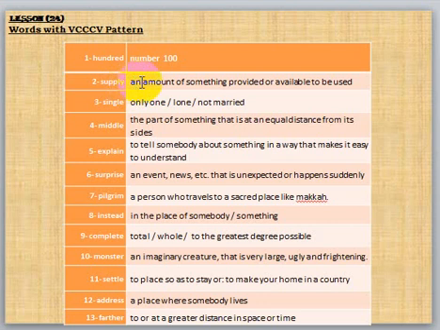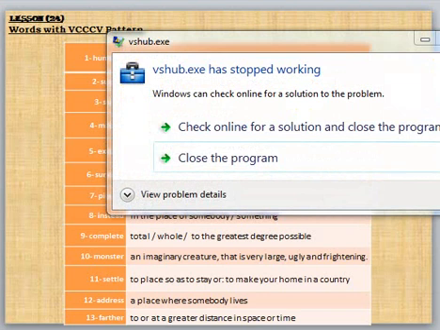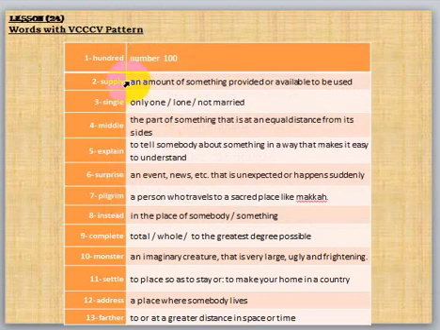Supply. You have food, enough food to eat. If someone wants more, your mother or dad or anyone will say, we have more. We have supply for this food. Supply for food, supply for guns. If we have a war, we have supply for weapons.